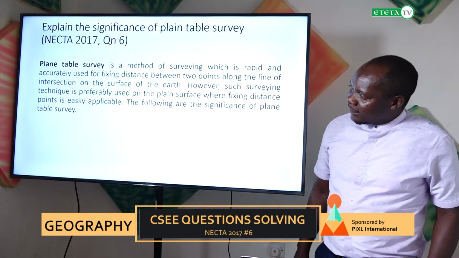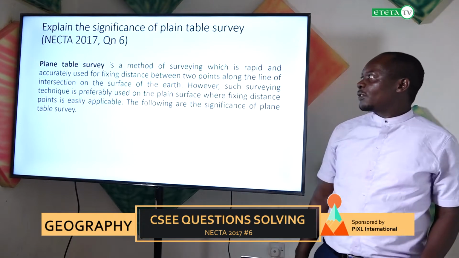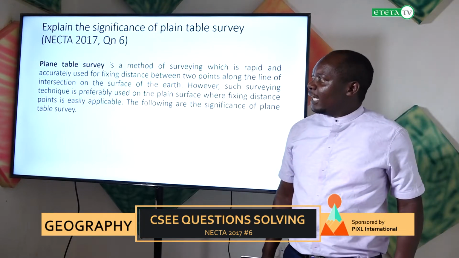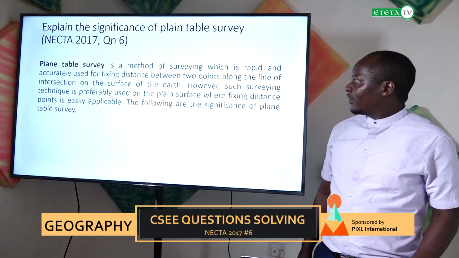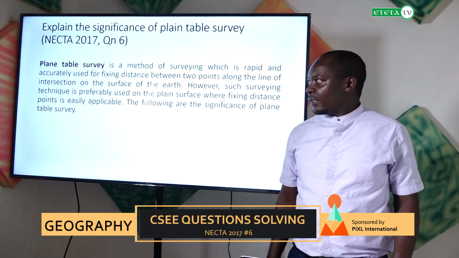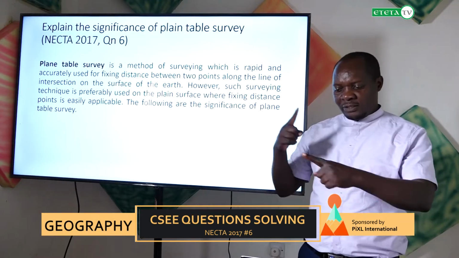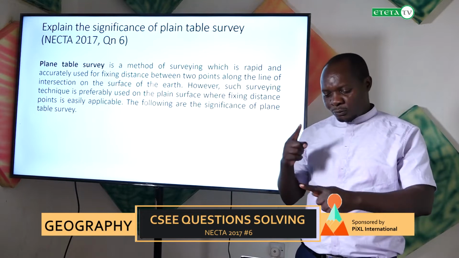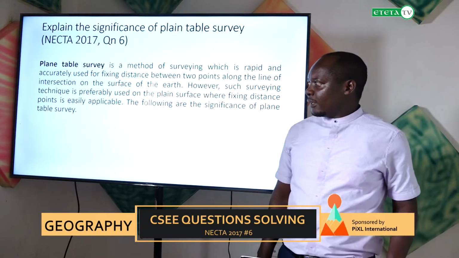So, when we say plain table survey, this is a method of surveying which is rapid and accurately used for fixing distance between 2 points along the line of intersection on the surface of the earth. That means there is a line of intersection, so this one is used to fix out the point at the line of intersection.